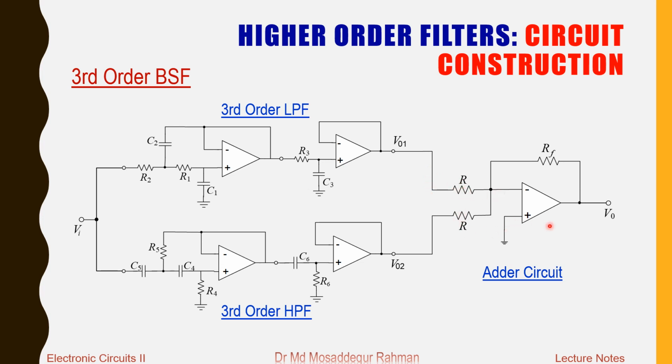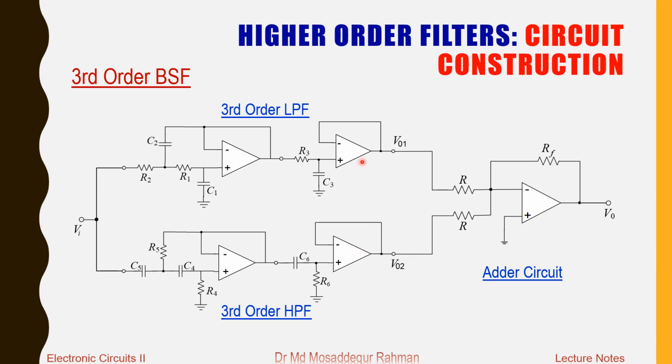The outputs from these two are connected to the input of this adder circuit, and we have a common input Vi. So altogether they realize a third order band stop filter. At the top, these two will realize a third order low pass filter giving a fall of gain of 60 decibel per decade at the low frequency end, and these two together will realize a third order high pass filter giving a fall of gain of 60 decibel per decade at the high frequency end.